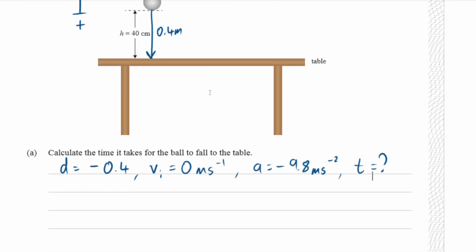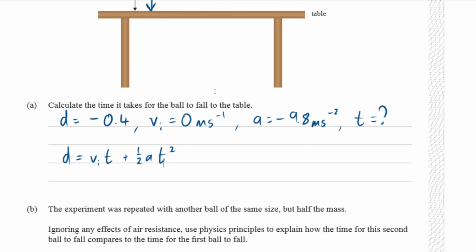So looking at our formula book, we find the equation that has these 3 knowns and 1 unknown. I'm just looking at it, and I see D equals VIT plus half AT squared, having all of those parameters. And now we can substitute in the values and solve for the unknown.